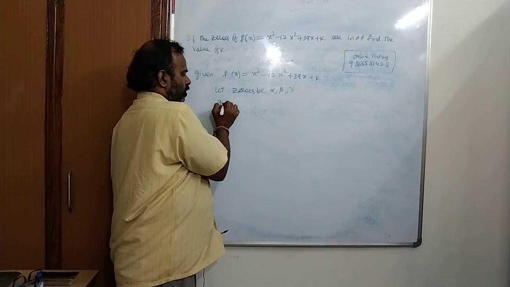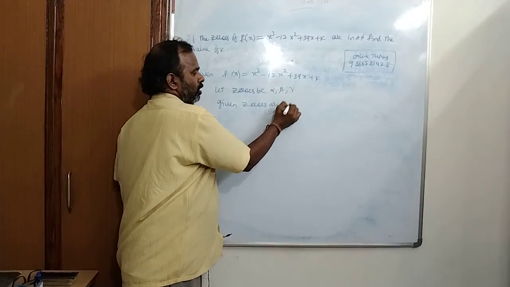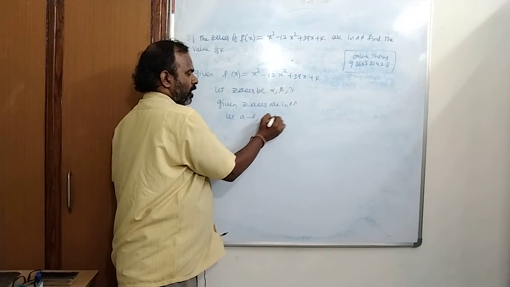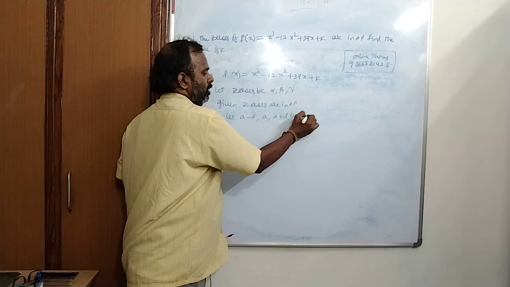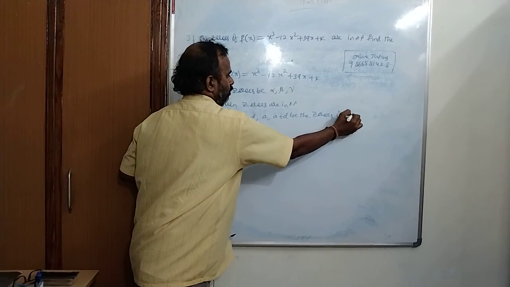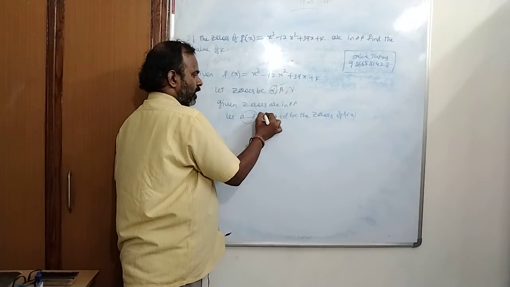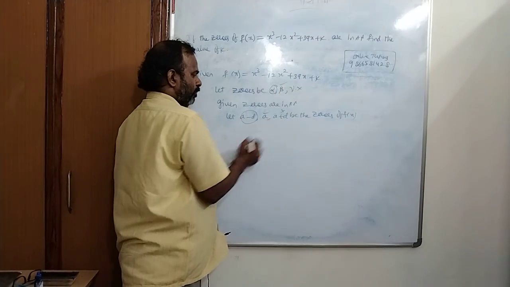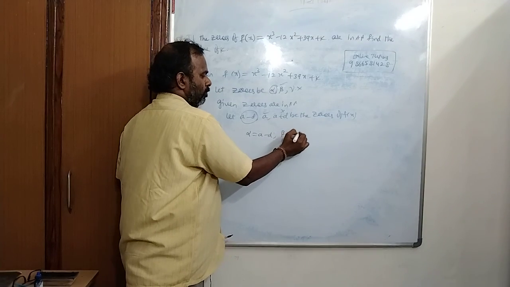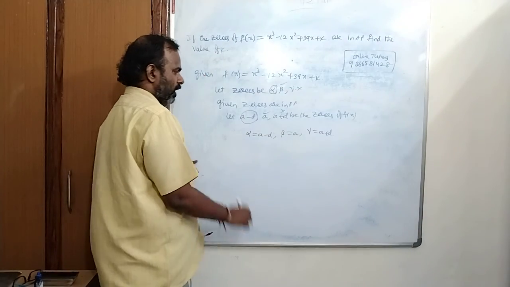So given zeros are in AP, so let a minus d, a, a plus d be the zeros of f of x. So here take alpha as a minus d, beta as a and gamma as a plus d.